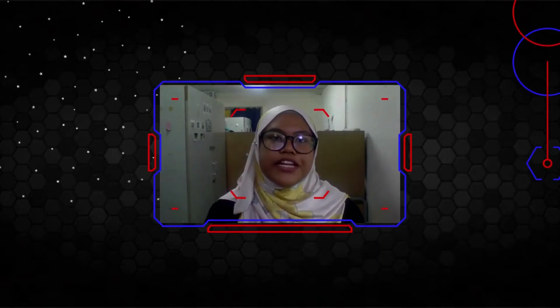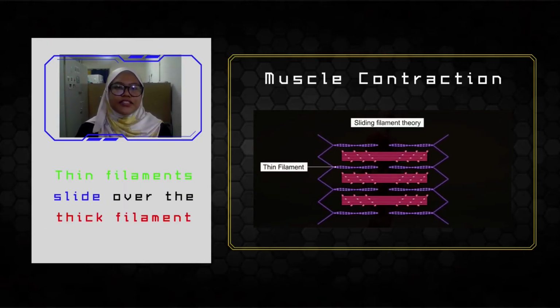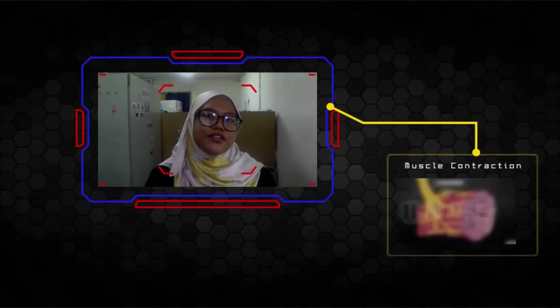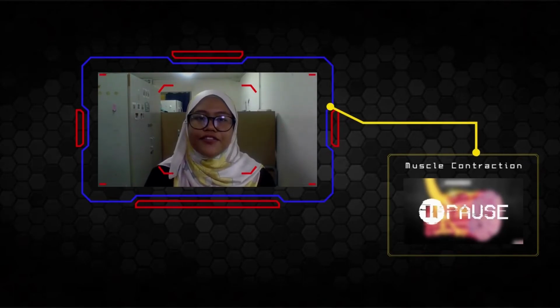Now, I'll be explaining the role of calcium ions during muscle contraction. During muscle contraction, the thin filaments slide over the thick filaments. The central nervous system will send a signal via a motor neuron to initiate the muscle contraction.